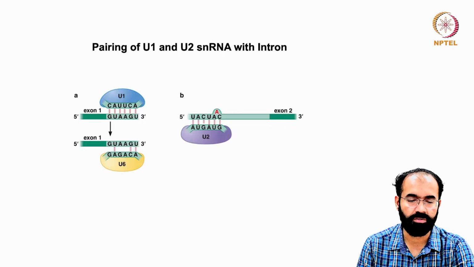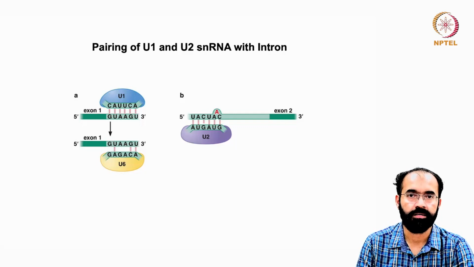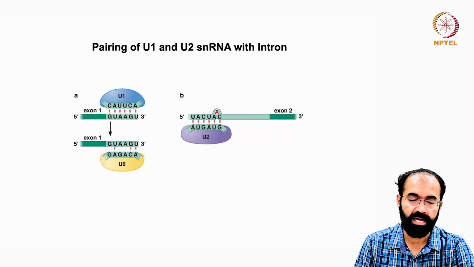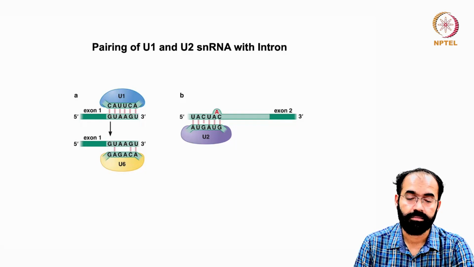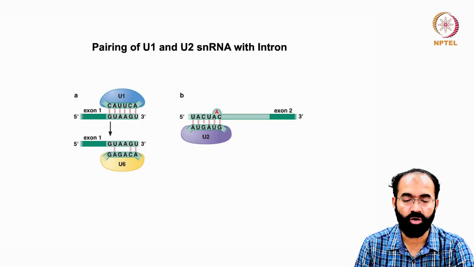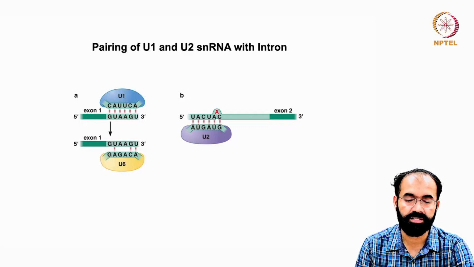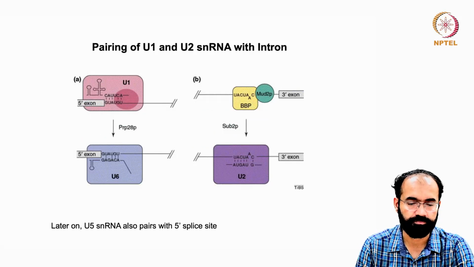This is the exon and this is the intron part, and it is pairing very nicely, and it can further be influenced by U6 snRNA in that place, not now, at a later stage. And at the branch point you have the pairing of U2, which is purely in the intronic sequence. Let us see what happens next.